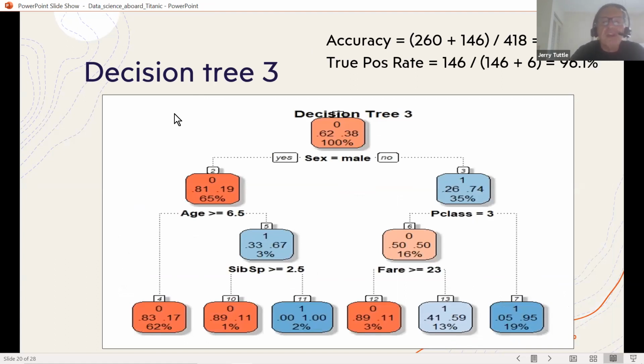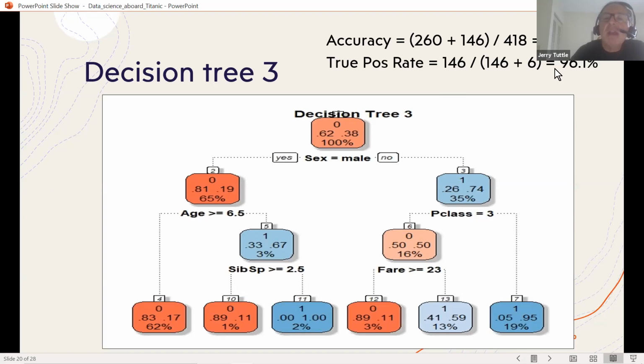So here's a third attempt. This is not quite as many relaxations of the parameters as the second, but a few more than the first. So I've got a few more nodes. So this is a different set of splits than the first one.